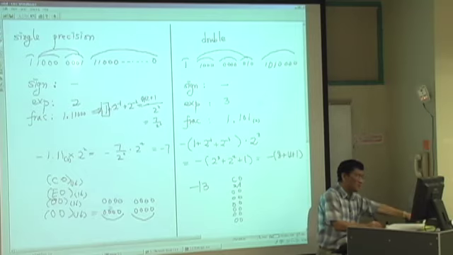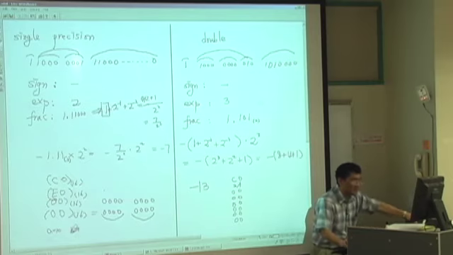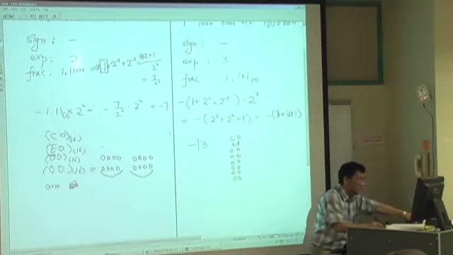And then E is written how? A is 10, B is 11. So I will use bits. A is 10, which means 1, 0, 1, 0. B is 1, 0, 1, 1.